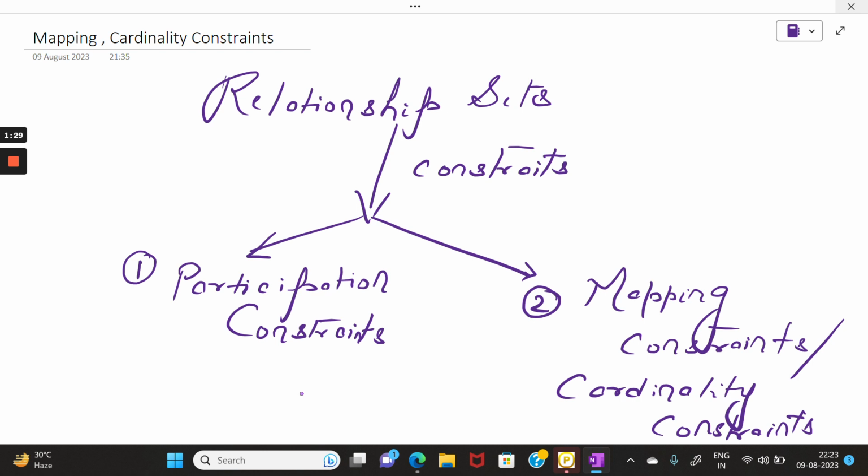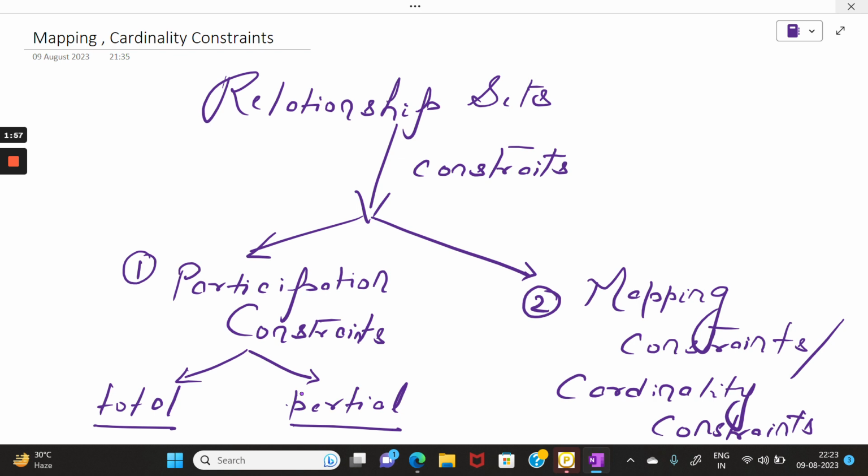Just to revise the previous concepts, participation constraints can be either total participation or partial participation. If all the entities of the entity sets are mapped onto the relationship, then it is a total participation, and if not, then it is a partial participation.